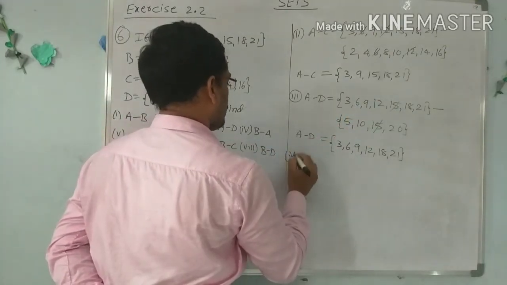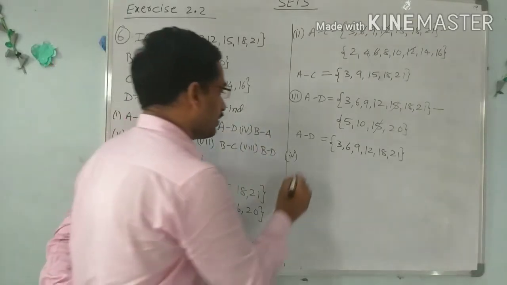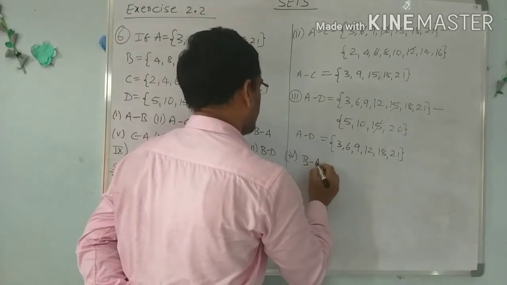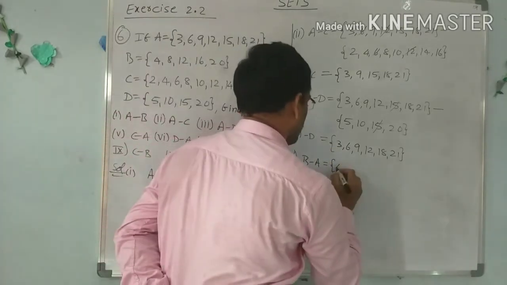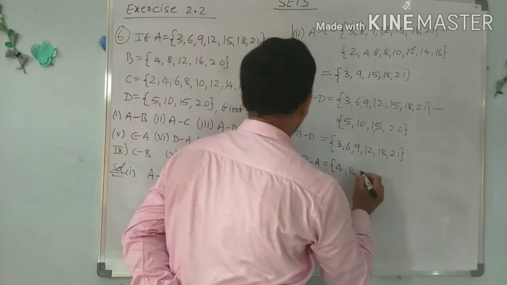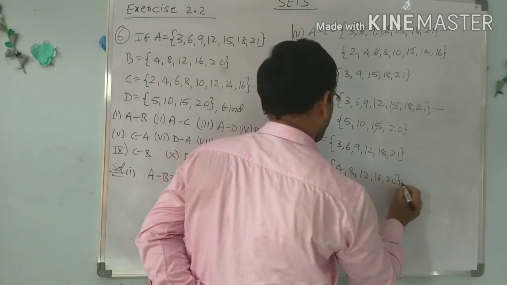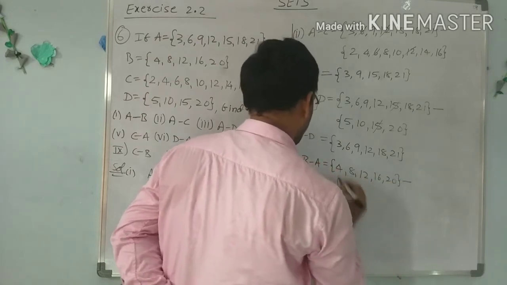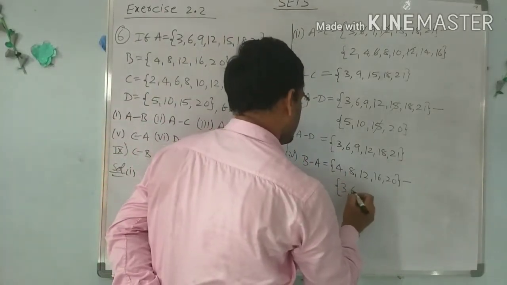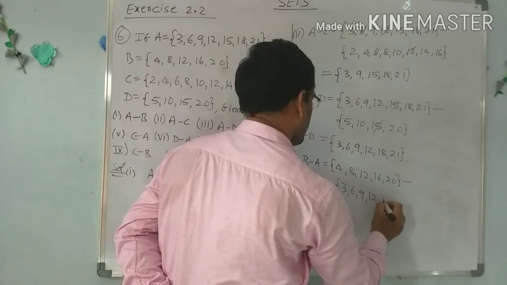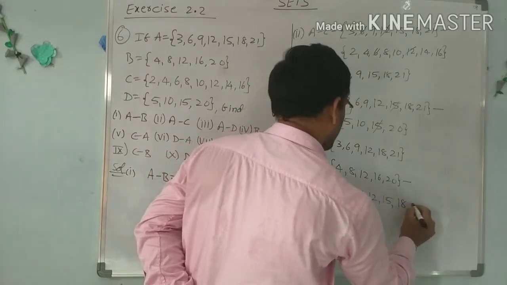Next, the fourth problem is B minus A. Write the elements of B: 4, 8, 12, 16, 20, minus the elements of A. The set A elements are 3, 6, 9, 12, 15, 18, 21.